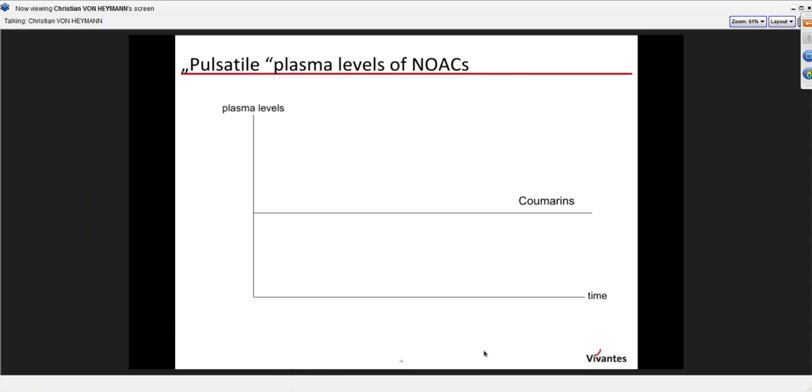And this is, in comparison, what we know from the NOACs, or the low molecular weight heparins. You can measure the plasma half-life of coumarins, but it doesn't say anything on the anticoagulant status of the patient.